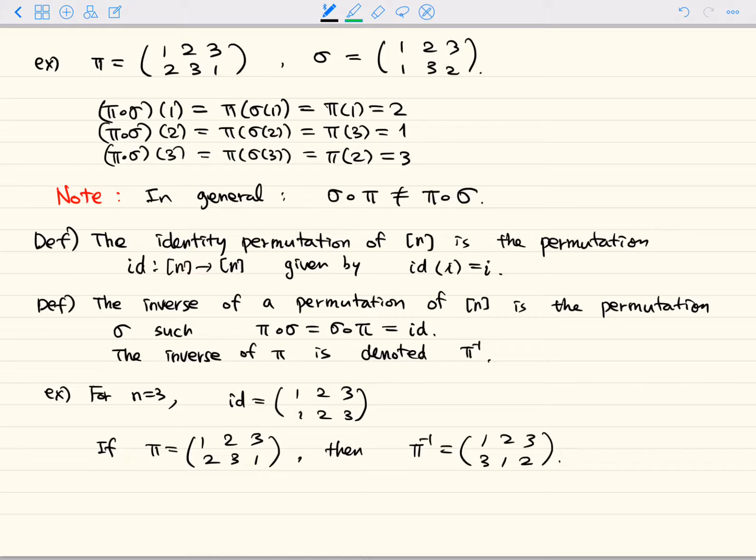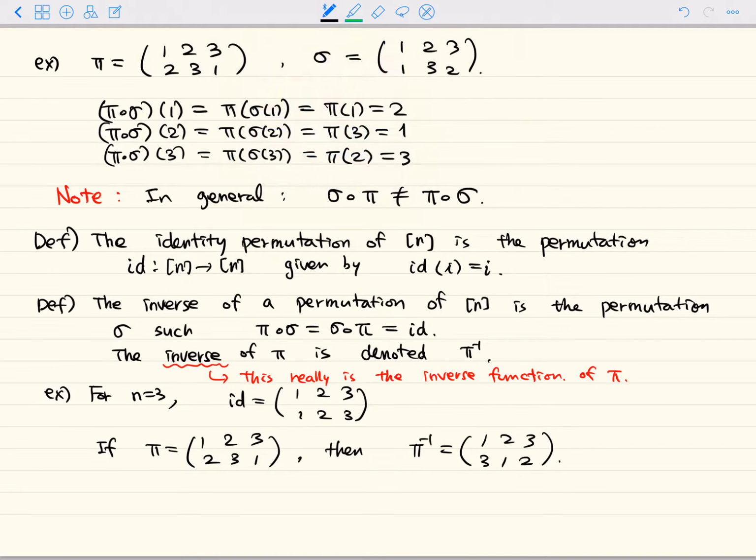And because pi is a permutation, a one-to-one map, it always has the inverse. The inverse is in fact the inverse function of pi, the same thing.